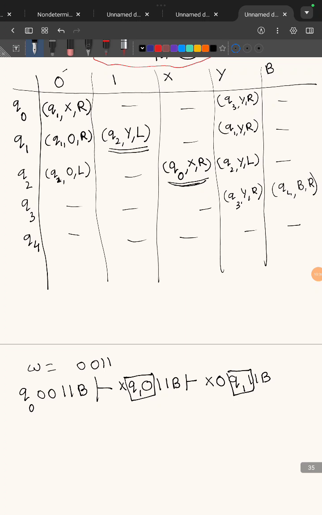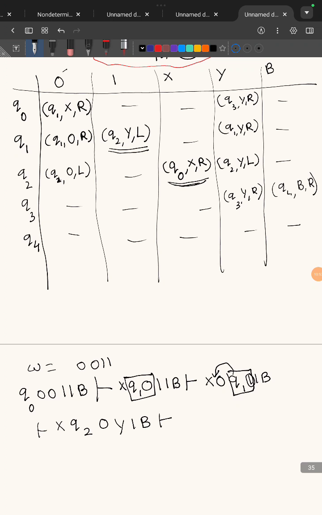Means that how it will come, it will be X Q2 0 Y 1 B. The pointer from here will move left side over here. This one has become Y. That is what we are doing over here.